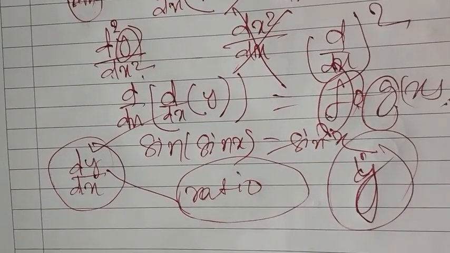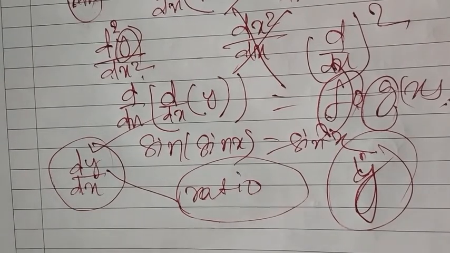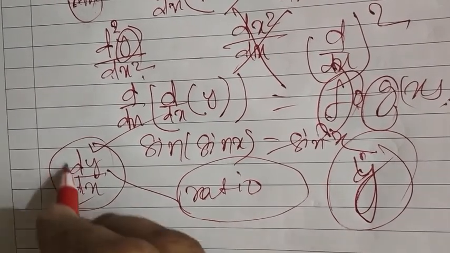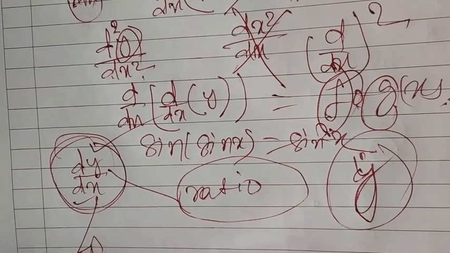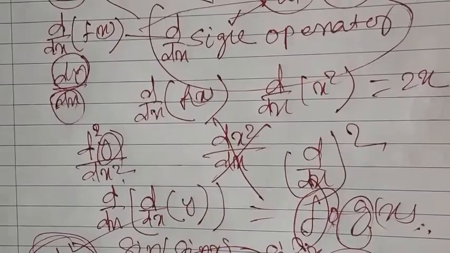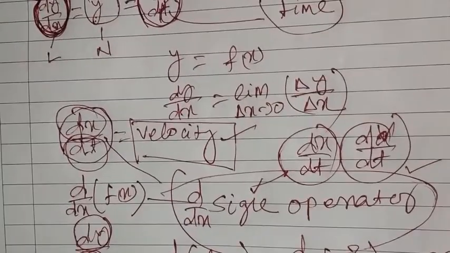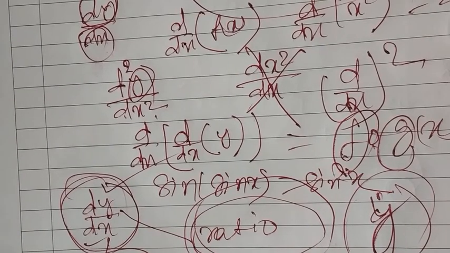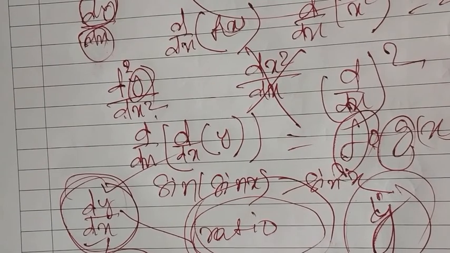In modern mathematics y dot is never used. We use dy by dx for its greater benefit. I can treat this as an operator or as a ratio. So in this section of differential error approximations, we shall treat this dy by dx as a ratio, not as an operator. So we shall discuss it very nicely in our next video.